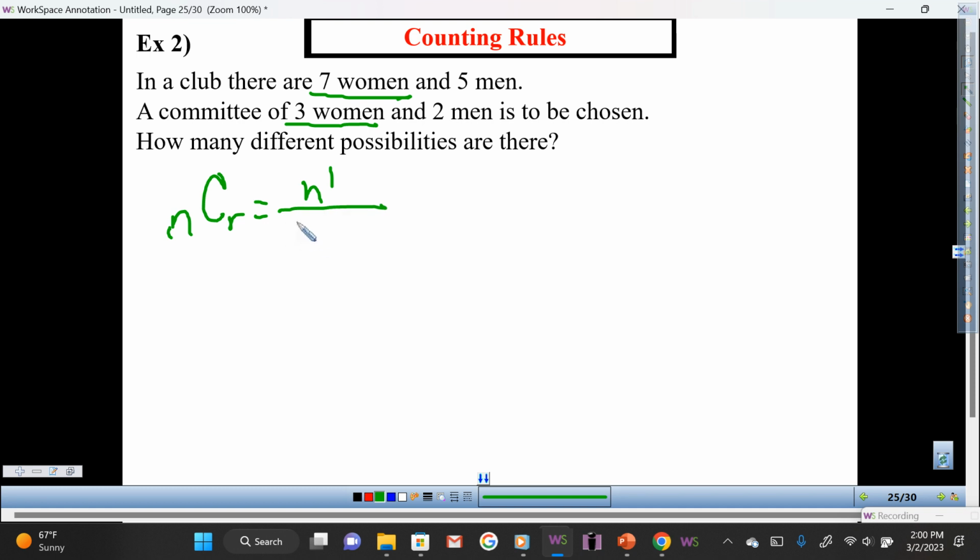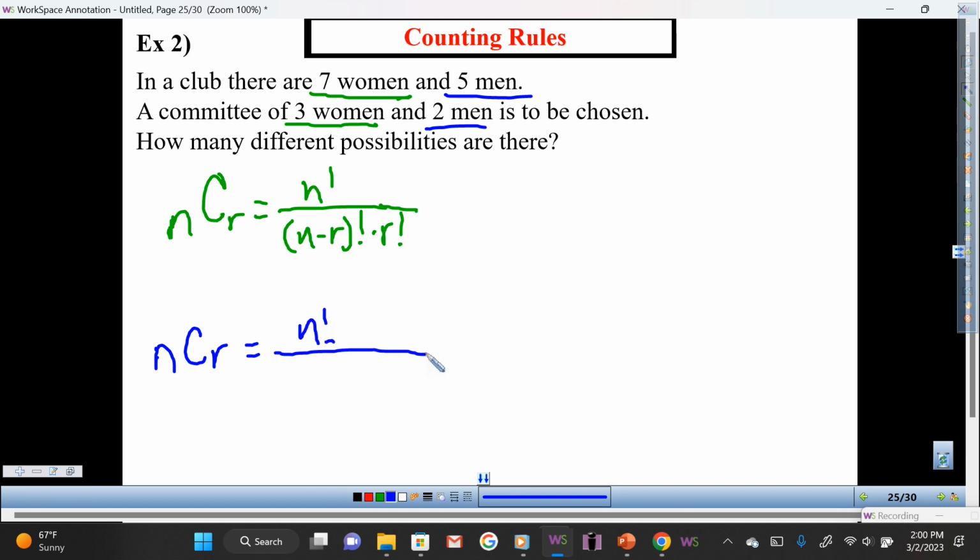N factorial over, parentheses, N minus R factorial times R factorial. Okay? And then I'm going to switch to blue. And then again, n combination r, n factorial over n minus r factorial times r factorial.